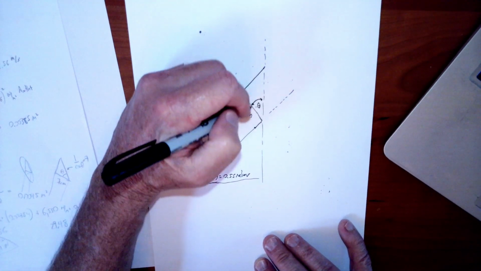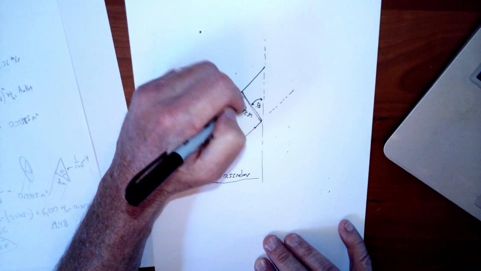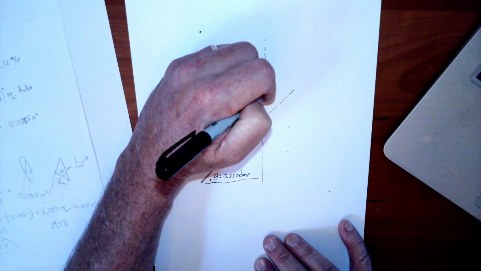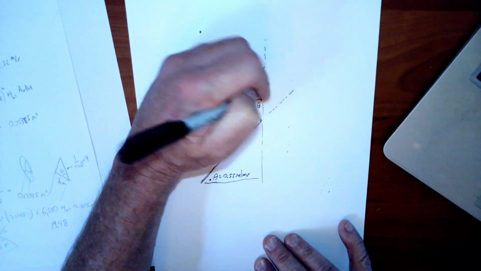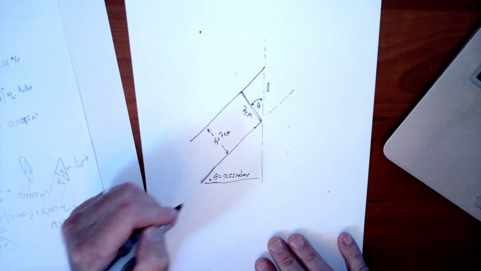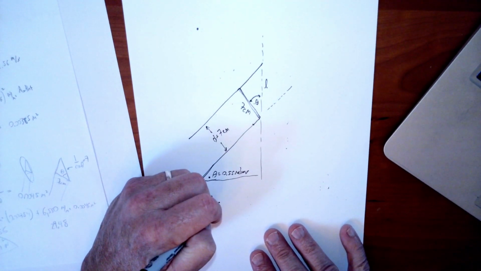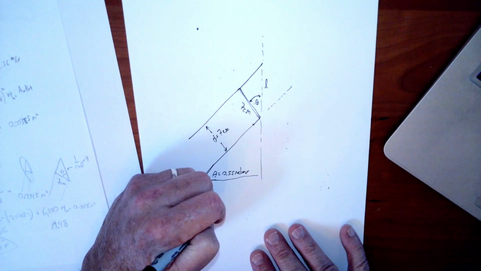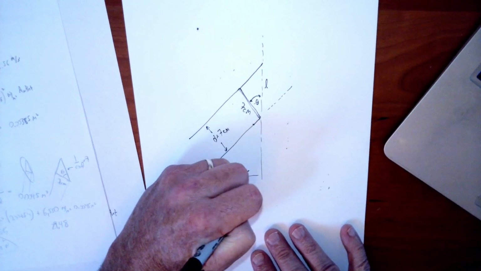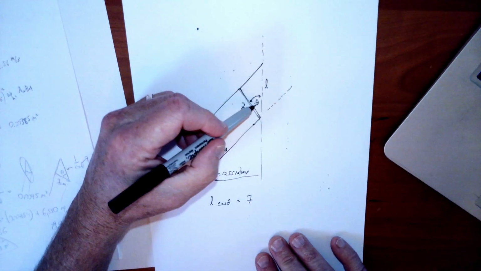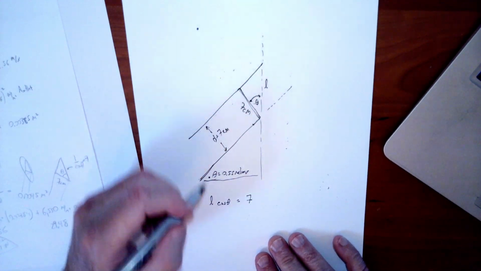So that means that this 7 is the cosine of whatever this is. So I'm going to call this thing L. And you can see from this picture that L times cosine theta equals 7. So L cosine theta gives you 7. That's what we know.